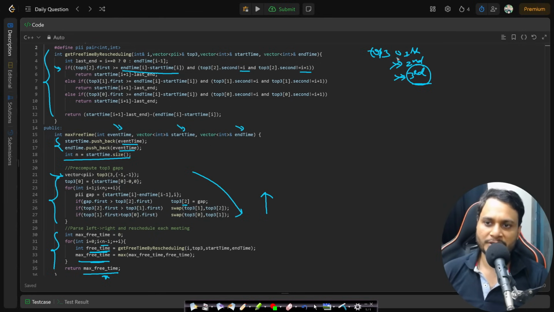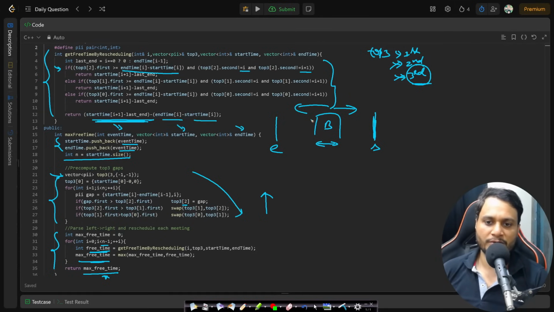If we are not done, we will check with the first slot, and if nothing works out, then we know that we have to slide a given meeting either to the left or right, and so take the next start time and the previous end time and do the subtraction, and you have to deduct whatever is the meeting's width. Okay, so end time at I minus start time at I, because this will have to be subtracted because it will not be counted in the slot size. So I hope it is clear.